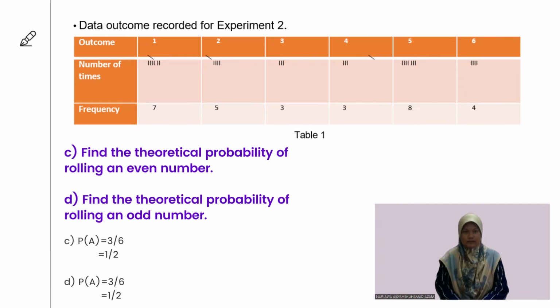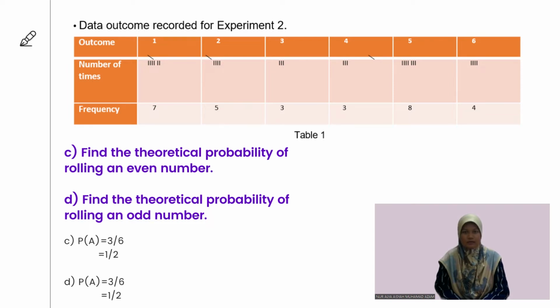Next, to find the theoretical probability of rolling an even number, we simply write the number of desired outcomes over the total number of possible outcomes, which we get 3 over 6.